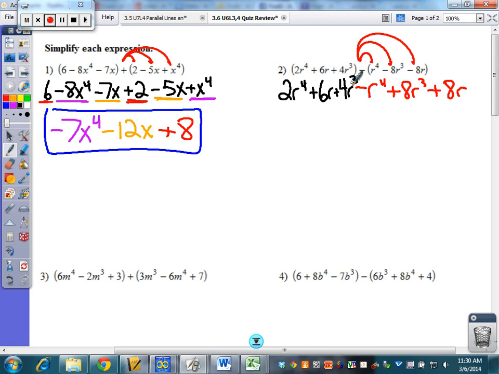Now we'll combine like terms. We have 2r to the fourth minus r to the fourth, which gives us 1r to the fourth. Then we have 6r and an 8r, which gives us 14r.